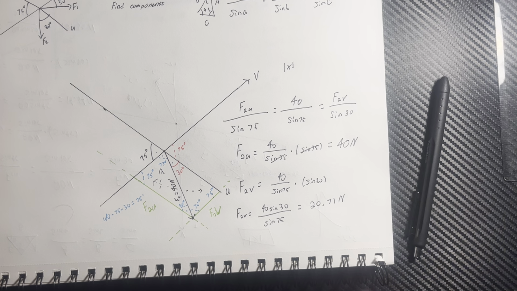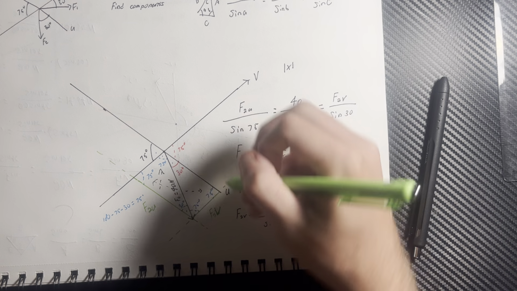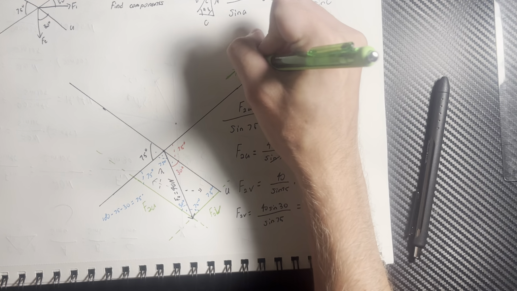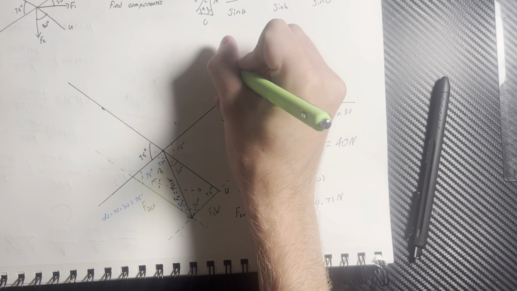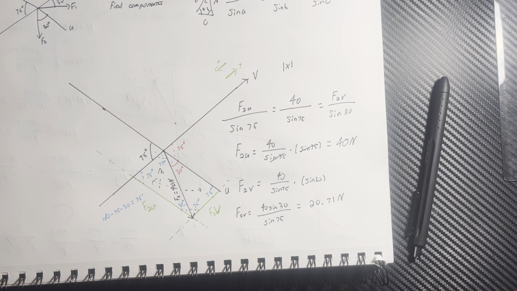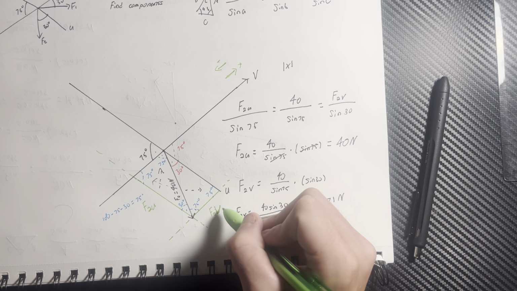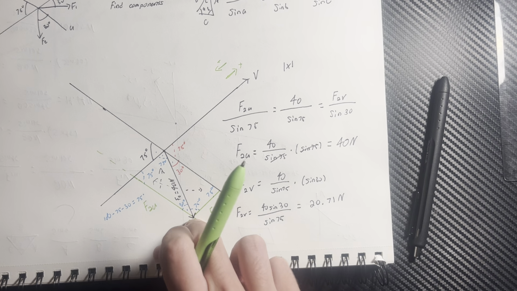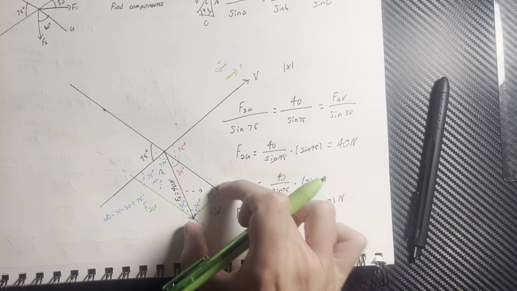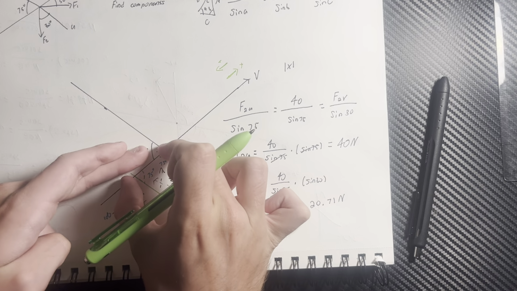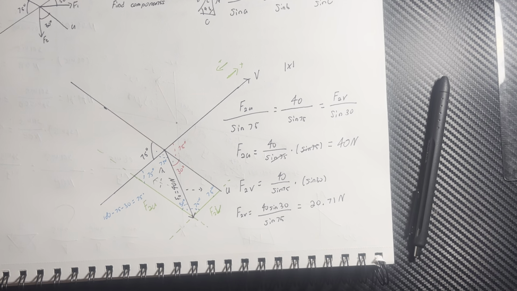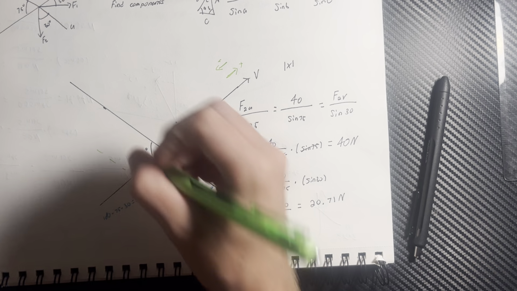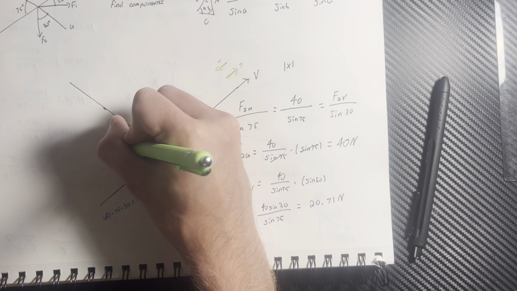So here, V going up this way is in the positive direction. V going down this way is in the negative direction. So for F2V, in order to get to our position here, remember that this component, F2V, is equal to this component because these are both F2V. In order to get to our F2 angle, we have to go left.